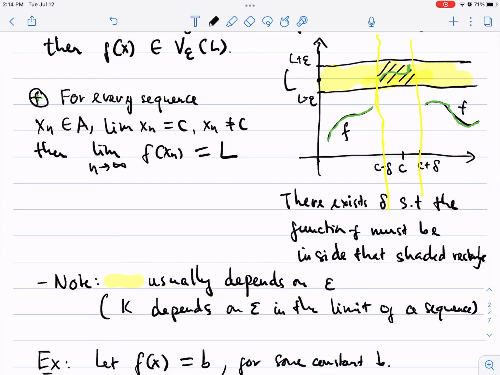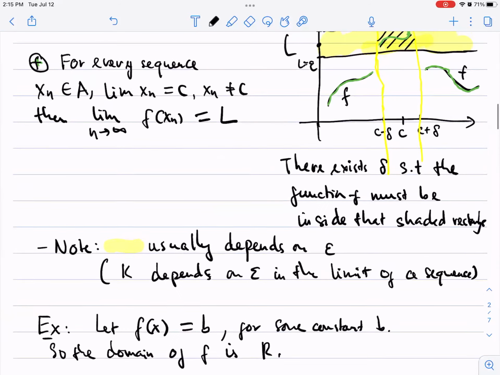The limit of a function is essentially a statement about the limit of every sequence satisfying a certain condition.